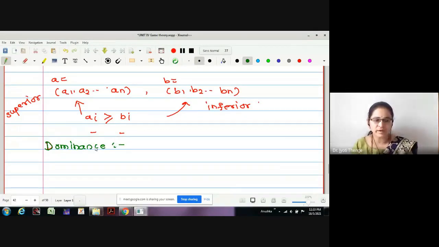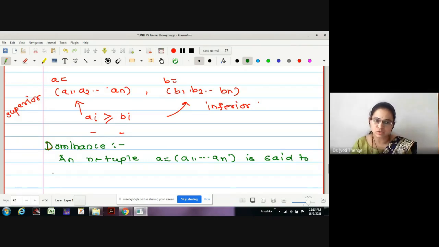An n-tuple vector A equals A1, A2, ..., An is said to dominate n-tuple B equals B1, B2, ..., Bn if Ai is greater than or equal to Bi for all i.